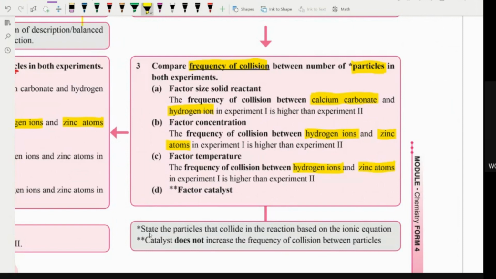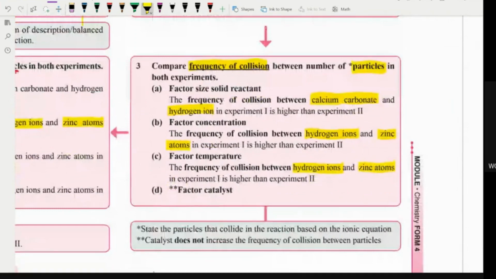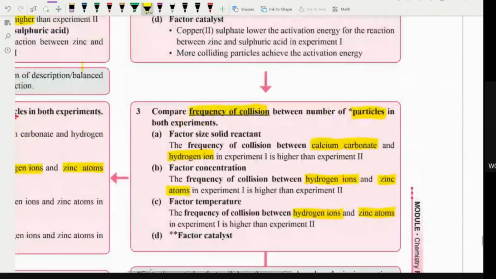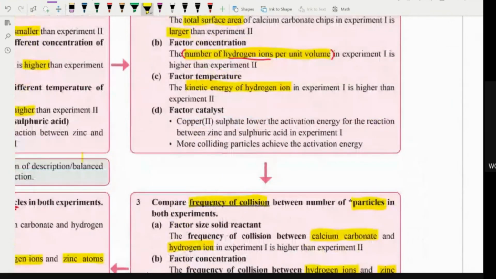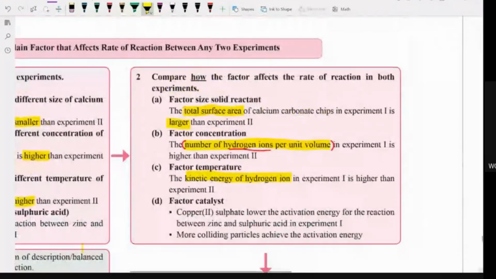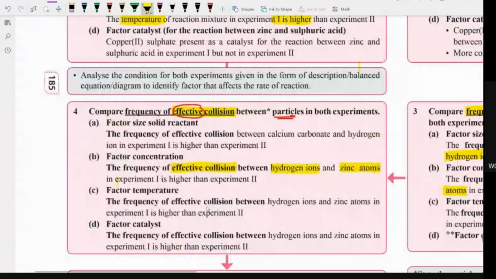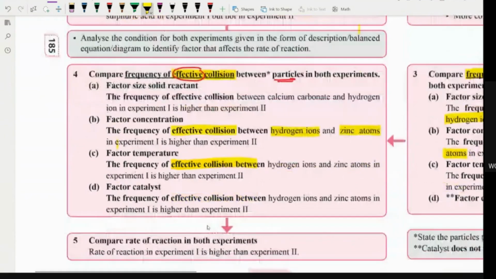Then effective collisions, right? So the frequency of effective collisions, again, the same. So you will see, actually only the first 2 points are different. The 3 and 4 are almost the same.